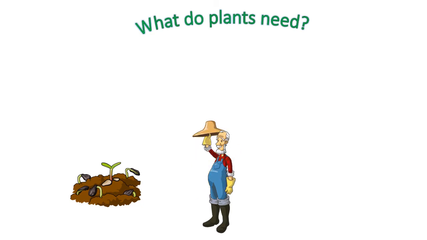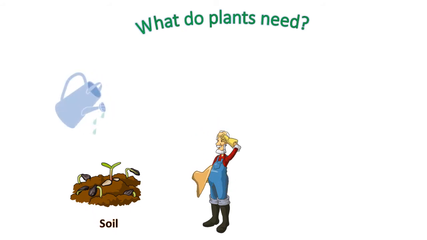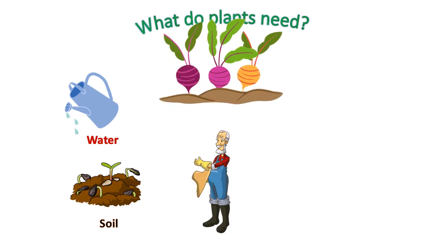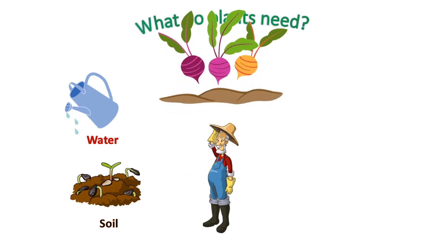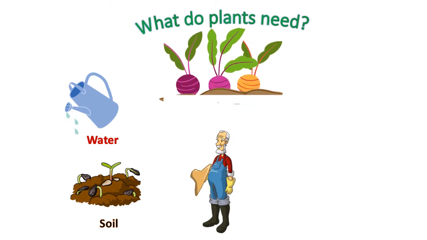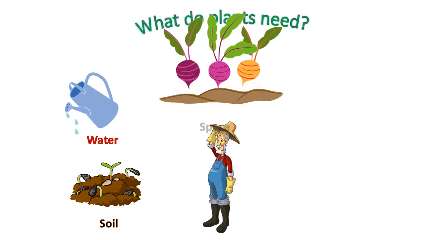Without the soil, the plants can't grow and get their nutrients. Plants also need water to help them grow bigger. They also need space. Plants can only grow well in a nice and open space.